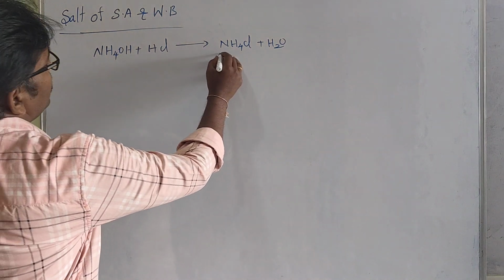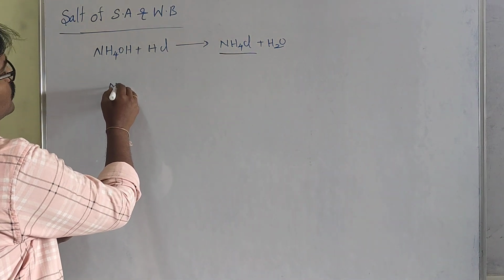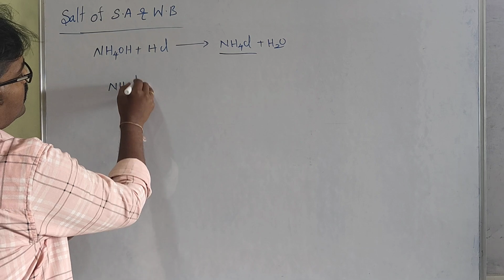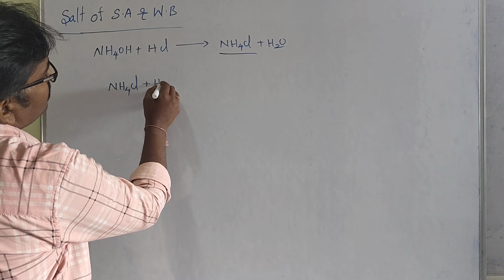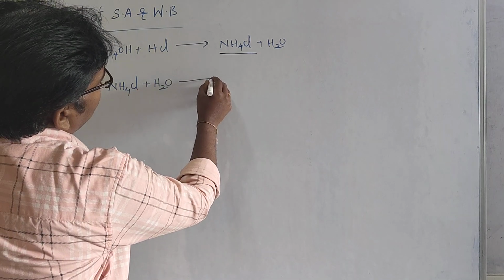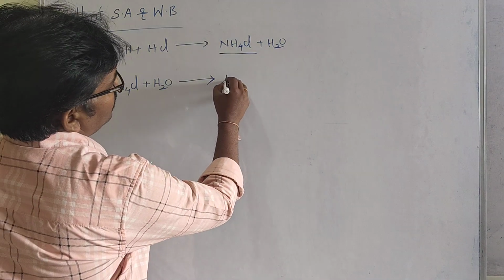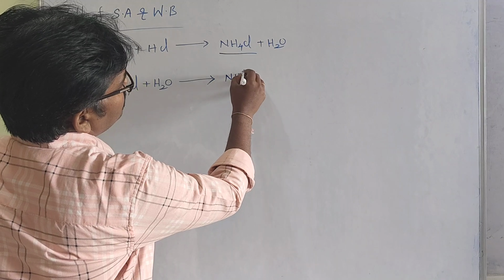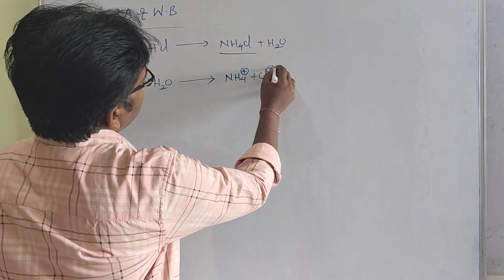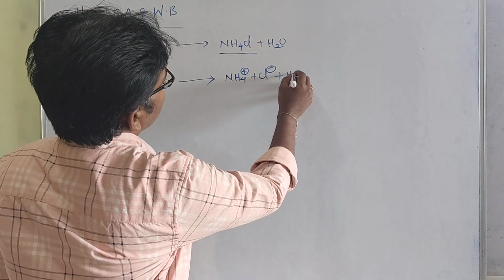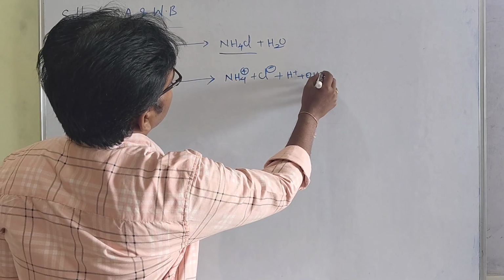So now, sir, this is the salt NH4Cl. When NH4Cl reacts with water, first we discuss its ions: NH4 plus, Cl minus, plus H plus, OH minus.